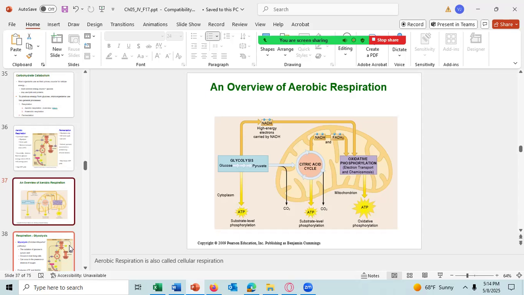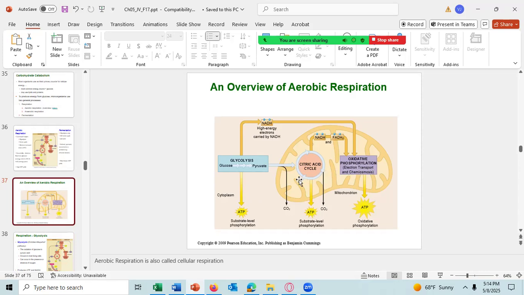All right, this is showing you an overview of aerobic respiration in a eukaryote cell. Aerobic respiration has 3 parts: glycolysis, the Krebs cycle and the preparatory step, and then the electron transport chain, which is right there.